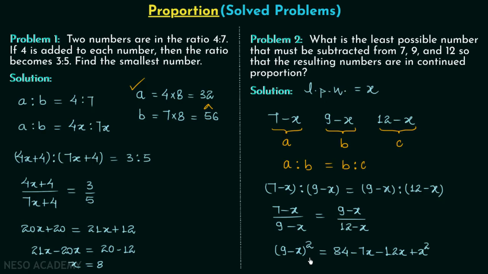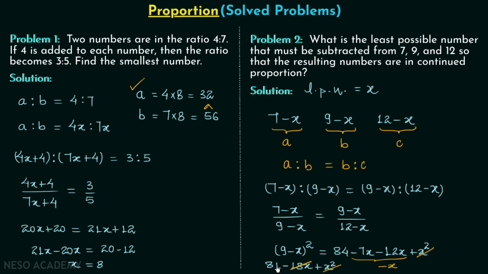And 9 minus x whole squared is equal to 81 minus 18x plus x squared. X squared will cancel out. Minus 7x minus 12x is equal to minus 19x, and this side we have minus 18x. So on this side we will have minus x.